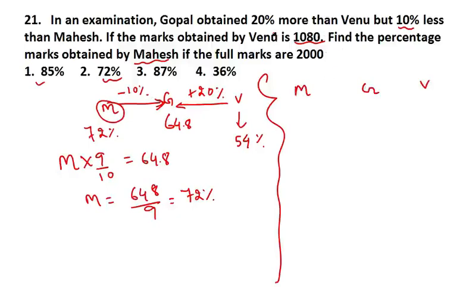Now it is saying Gopal obtained 20% more than Venu, means if Venu is 5, 1 by 5, so Gopal is 20% more, it is going to become 6, right or wrong? Right? Gopal is 10% less than Mahesh, means if Mahesh got 10, he will get 9. I hope this point is clear.